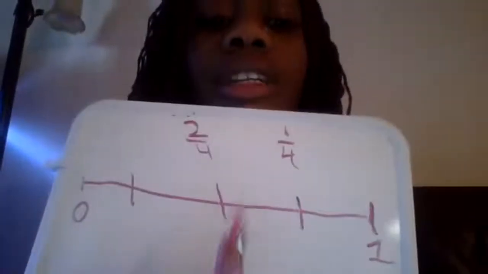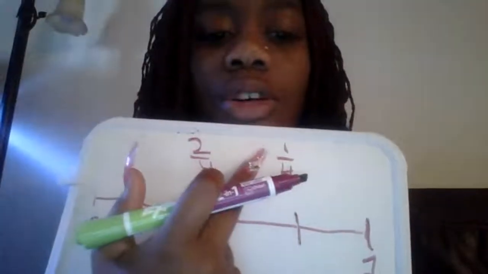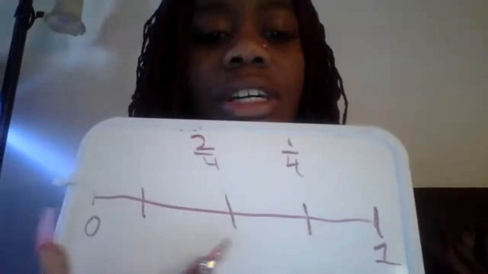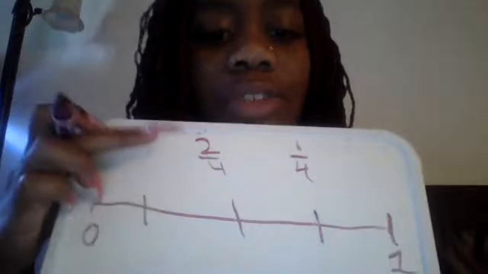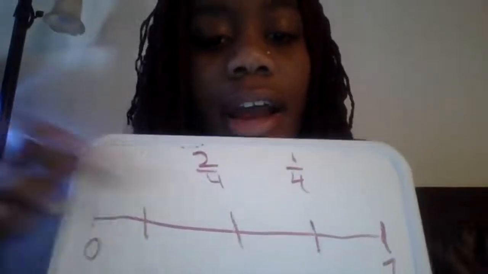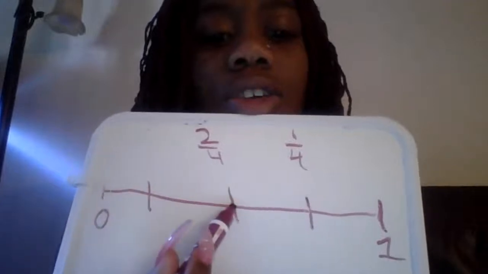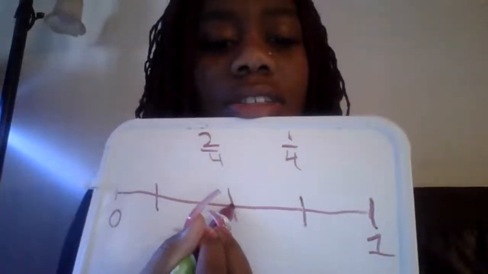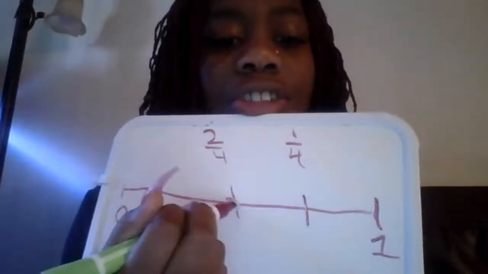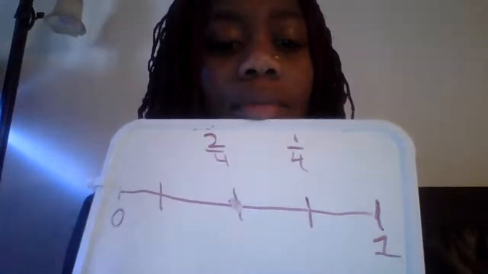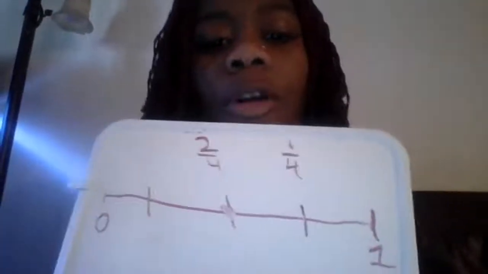Now, the numerator tells you what number tick you're going to put your fraction on. So if you see 2/4, that means you're going to go over 1, 2. And this is your 2/4 line. And then 1/4 means you're going to mark it at the first tick mark.